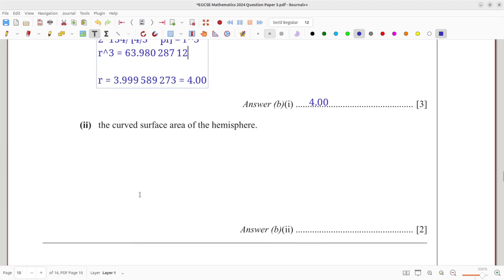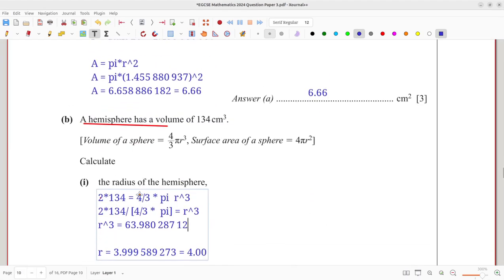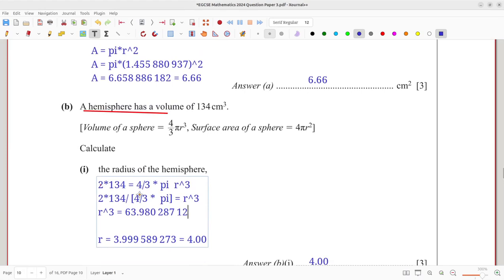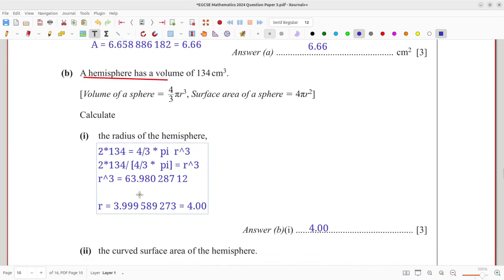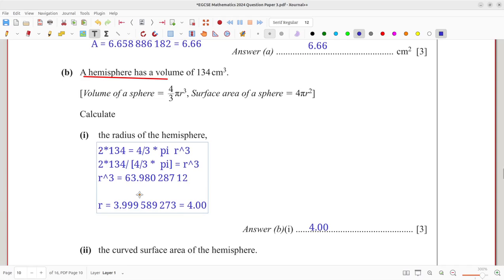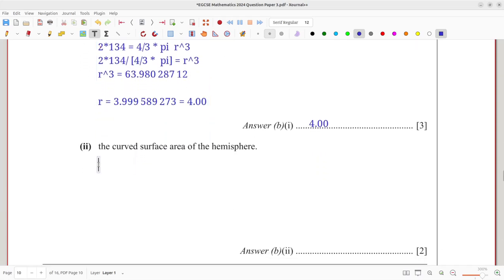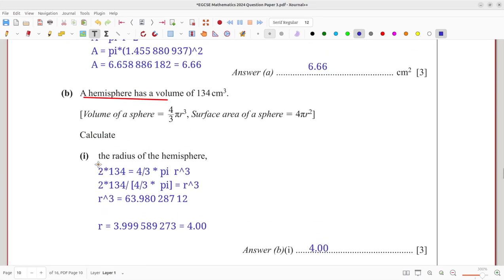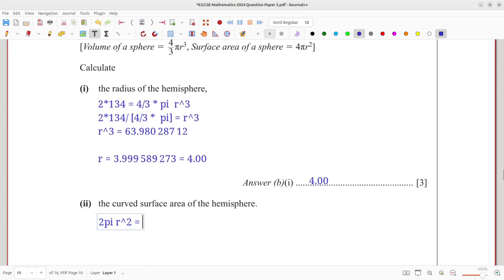The curved surface area of the hemisphere. So to find the surface area of a sphere, divide that thing by 2, then it's 2 pi r squared. So this is 2 pi r squared is equals to 2 pi times 4 squared.